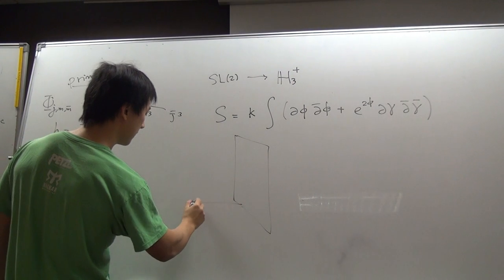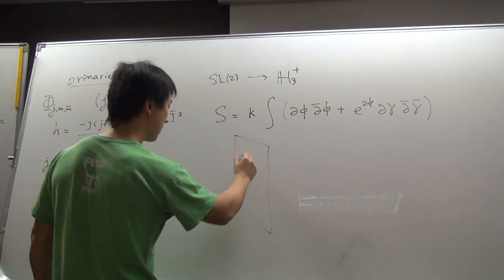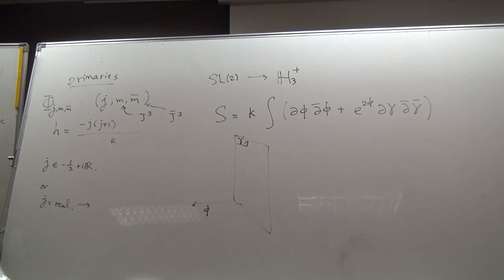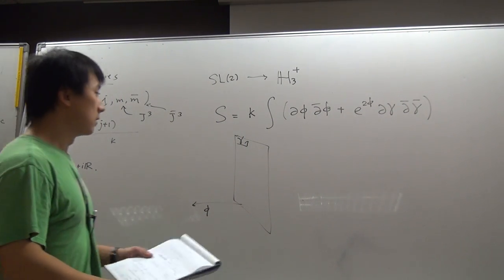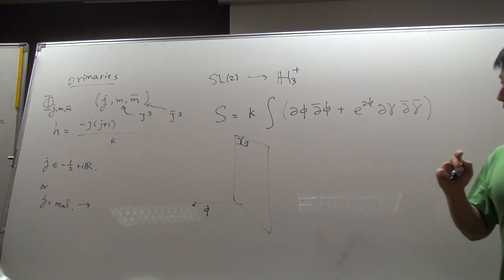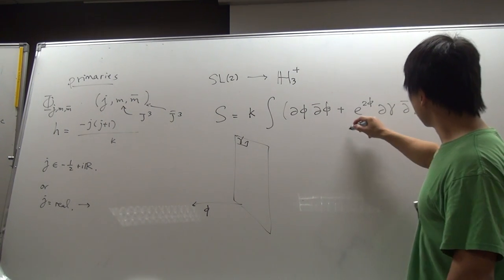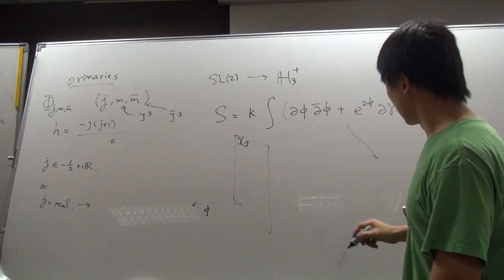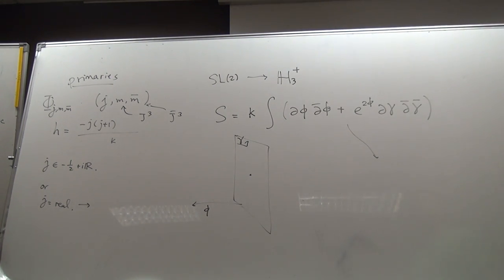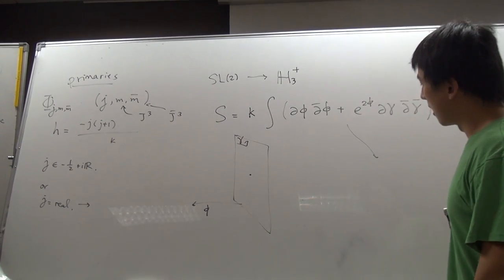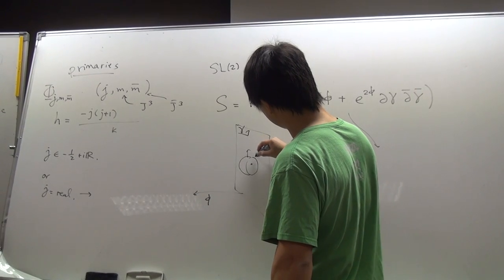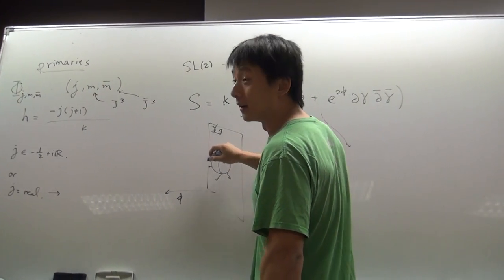Euclidean AdS3 has a φ direction, and then there's this plane with complex coordinate γ. The procedure through which we do the coset construction is that, let's say you pick a point at the origin on the boundary of this AdS3, and there's a kind of isometry that expands around that point.